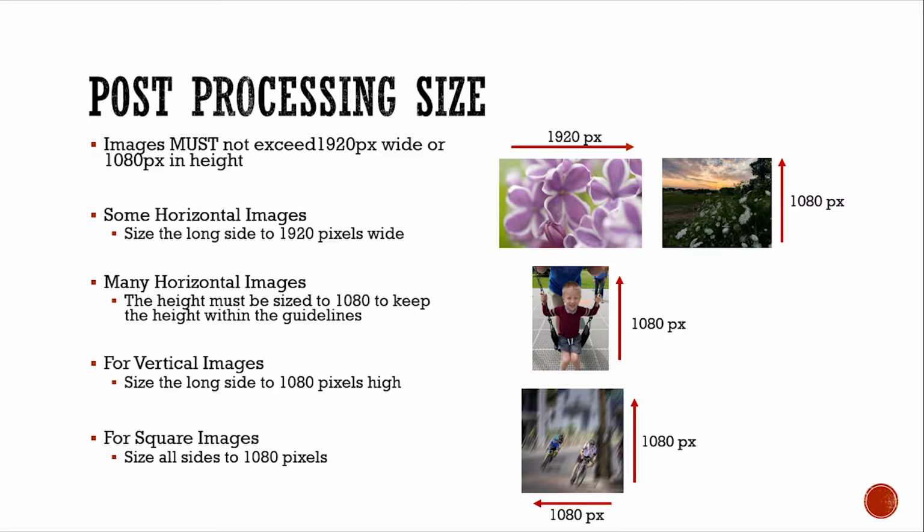For those images where they are a little bit off of square, they're not quite as elongated, they're more square, even though they're still rectangular, they need to be resized with a height of 1080 tall to keep them within the guidelines. Both guidelines need to be inside of the 1920 wide or 1080 in height.